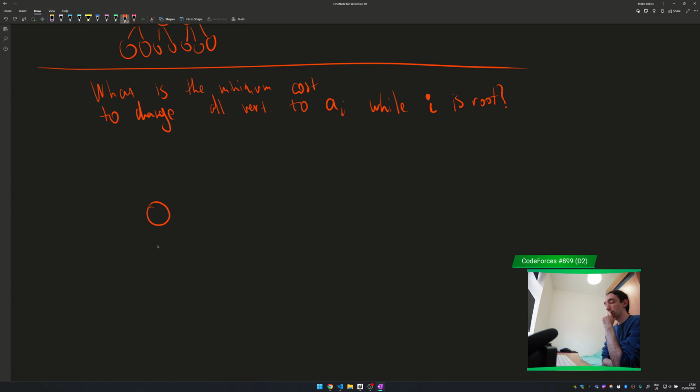Okay, so which nodes have to change? Each node will only change at most once.